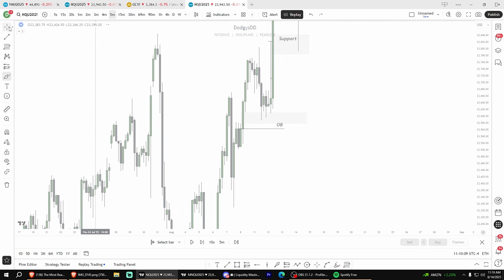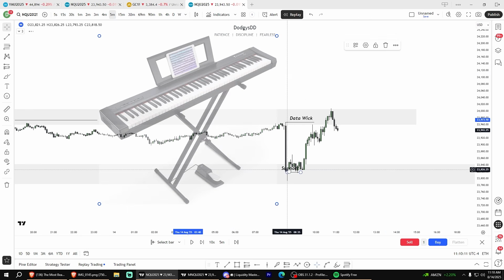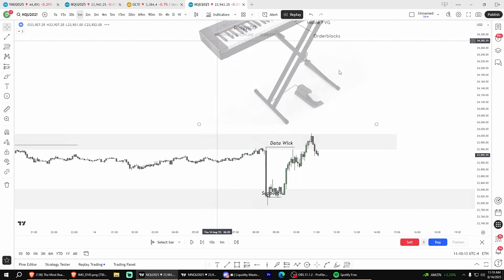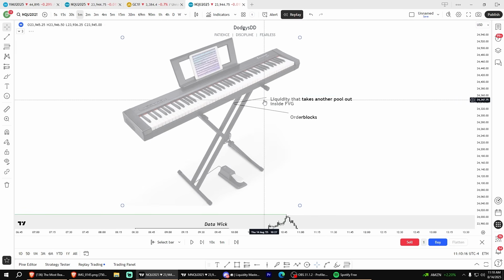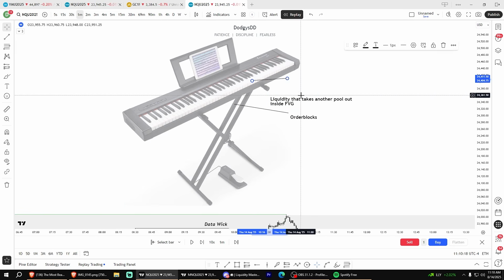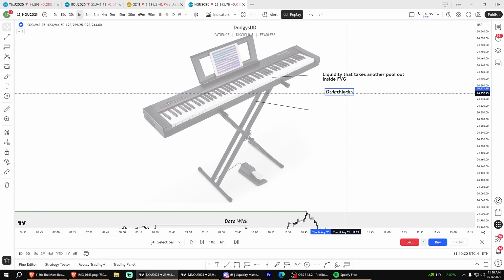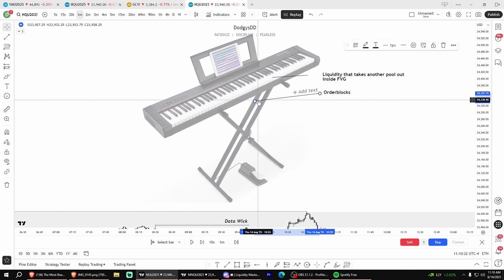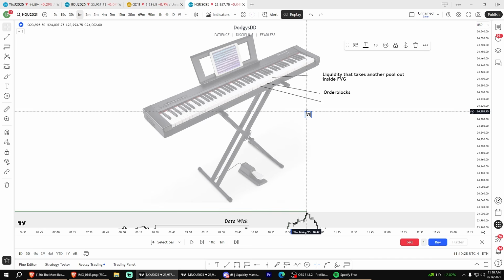The thing is, I don't really love volume imbalances. Okay, I'll show you the thing I have against volume imbalances. So we just move here. So we have liquidity taking out this order block, and I'm probably gonna end up changing this at the end. But volume imbalances, right? Or in other words, VIs.